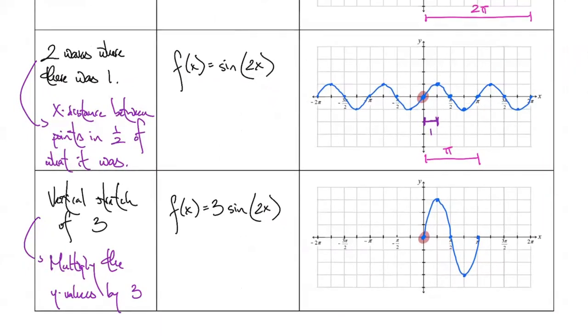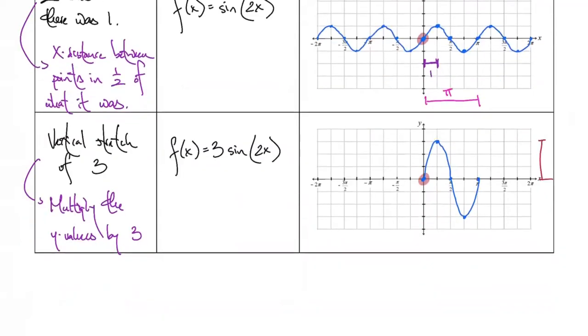One of the words that we saw earlier was something called amplitude. I do want to write that down, that this is something called the amplitude. Now the amplitude is just from your center point to the highest point.